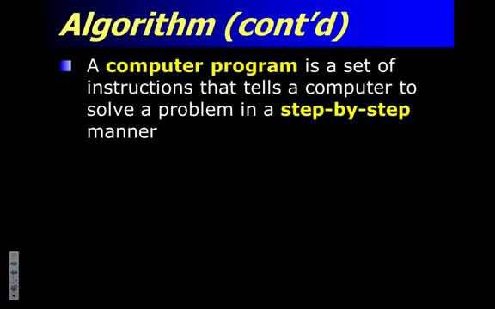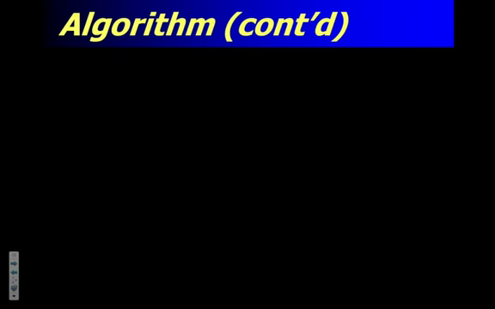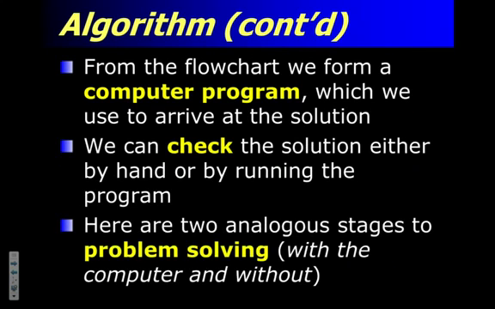Okay, which, by the way, is exactly what a computer program is. A computer program is also a step-by-step set of instructions, and you write the code using an algorithm. Okay, so they mesh, they come together in this way. Okay. So the flowchart is this visual. Let's get started with it, okay?